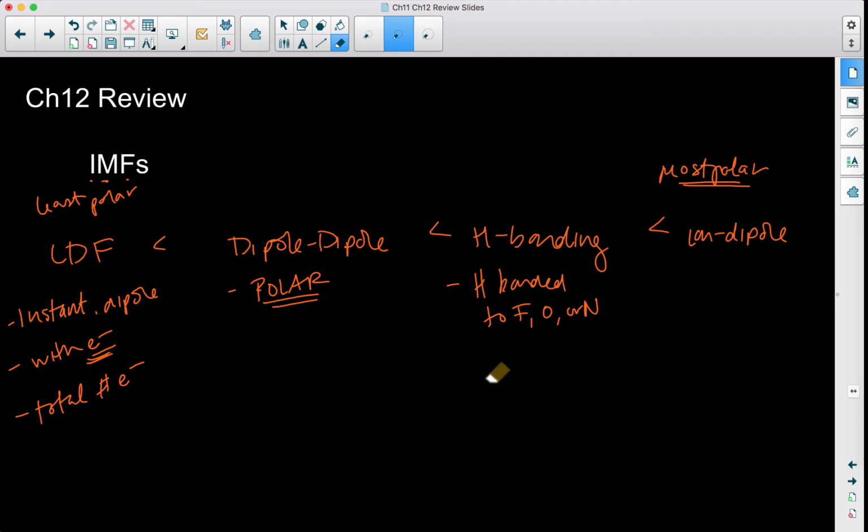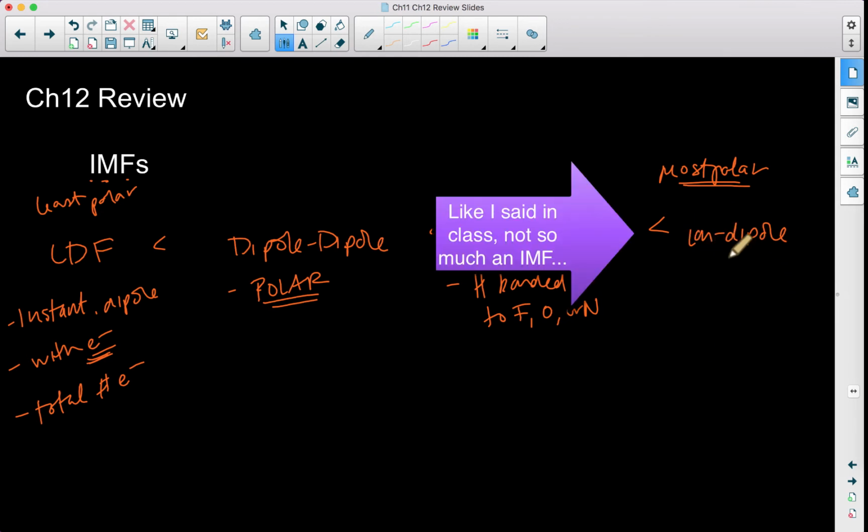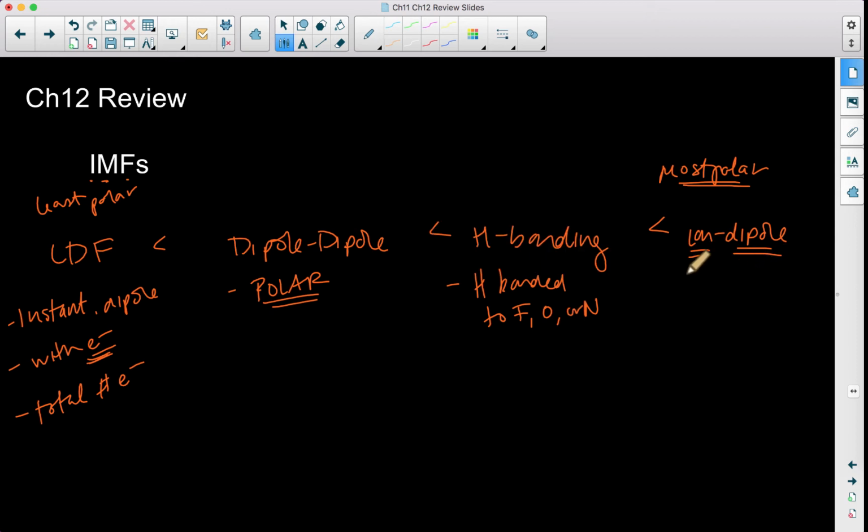And then we have our ion-dipole interaction, which we're only ever going to talk about when we have an ion and a dipole, which for our purposes is going to mean an ionic compound in water. And this explains why ionic compounds dissolve readily in water, because this is a very strong interaction, and it's a direction-specific attraction.